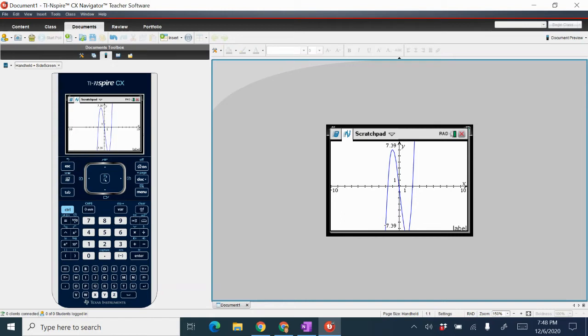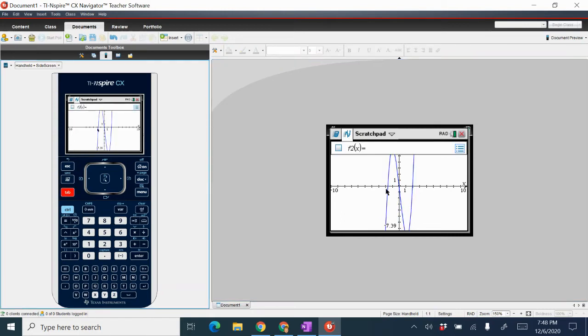And then I'm going to hit the tab key, and then that brings up F2, and I'm going to put in my G graph.